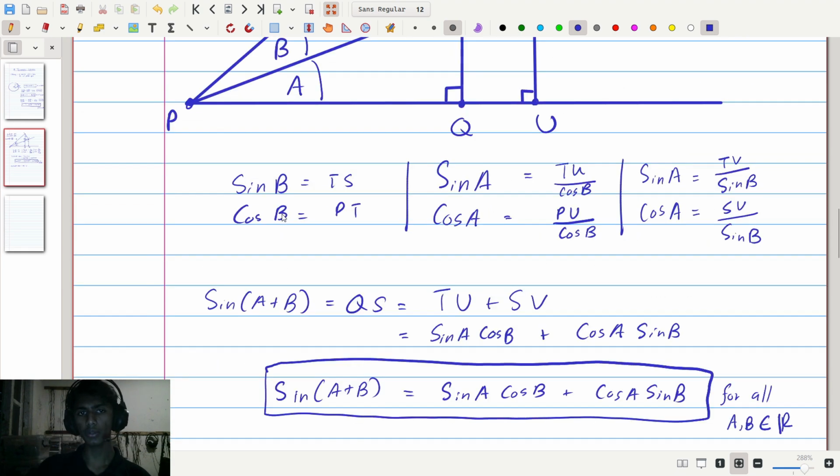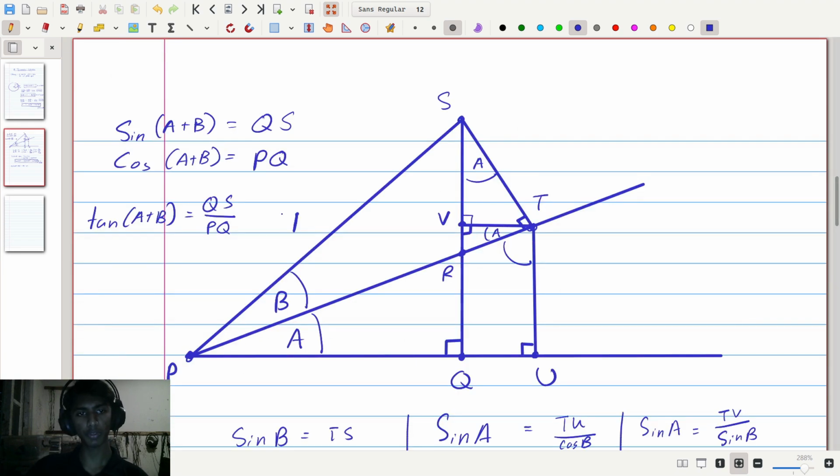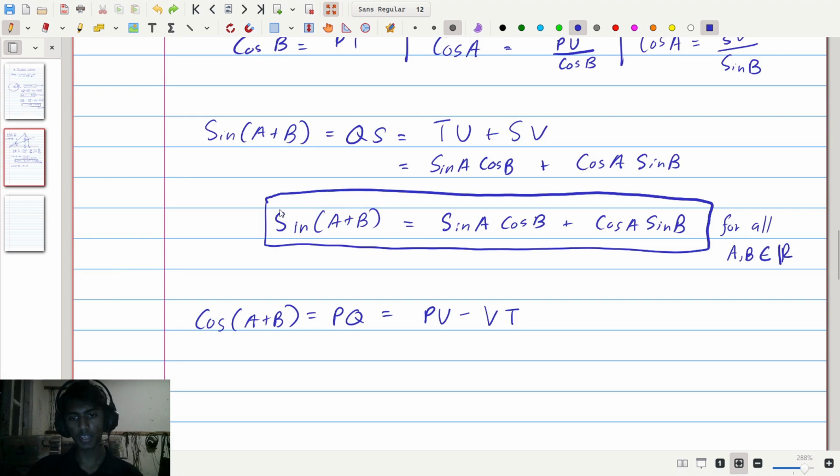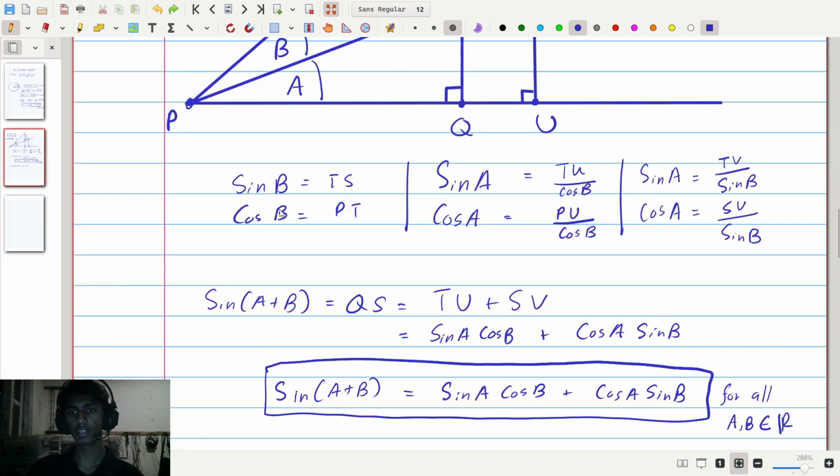So PQ, or the cosine of A plus B, which we found earlier, is equal to PU minus VT. So, considering the side lengths PU and VT, which here I've written as TV, VT and TV are of course the same length.